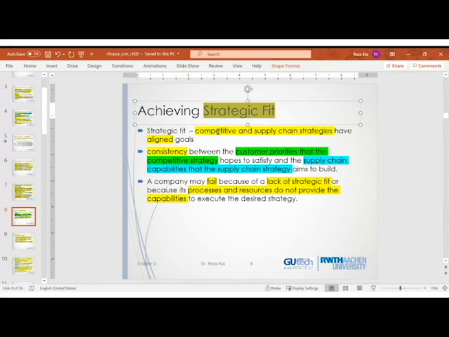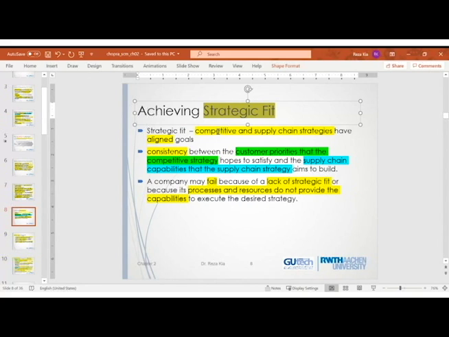I repeat again, if the capacity and capability of your supply chain is not matched with your competitive strategy, you cannot fulfill your competitive strategy. But how can we improve our supply chain capability? By improving our supply chain strategy.